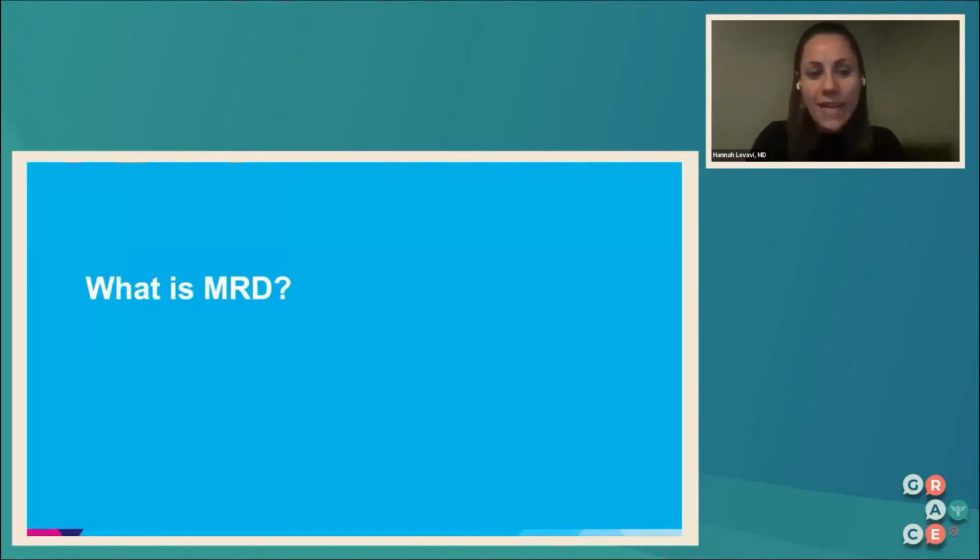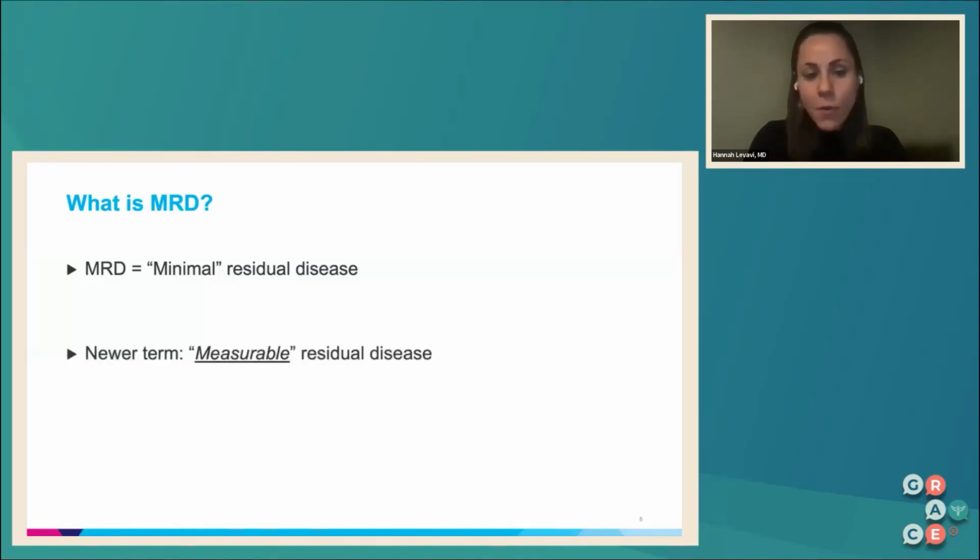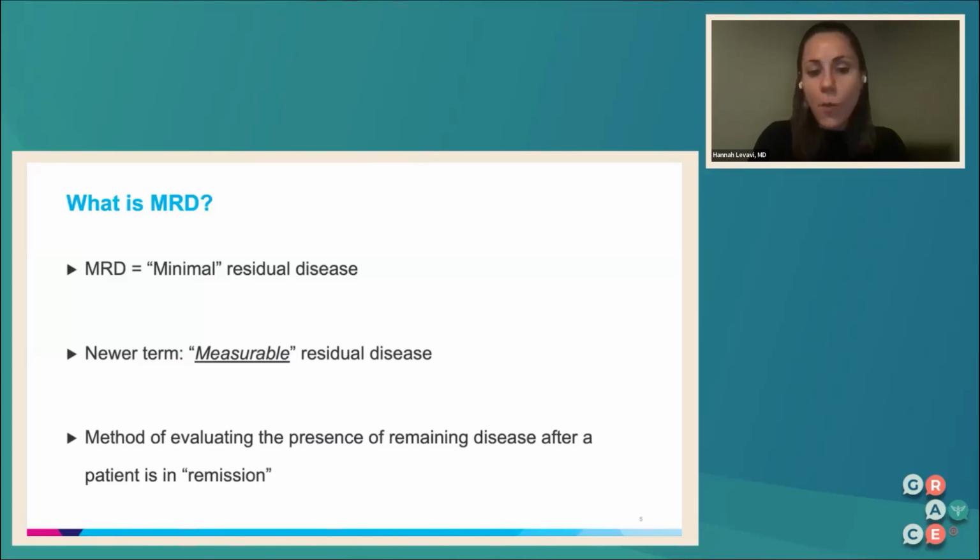So first we'll talk about what MRD is. MRD used to be called minimal residual disease. The more contemporary term, though, is measurable residual disease. And what this means is it's a way for us to determine whether there's any remaining disease after a patient is in remission.